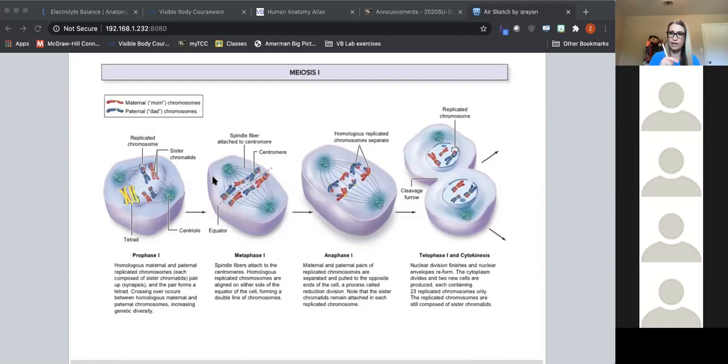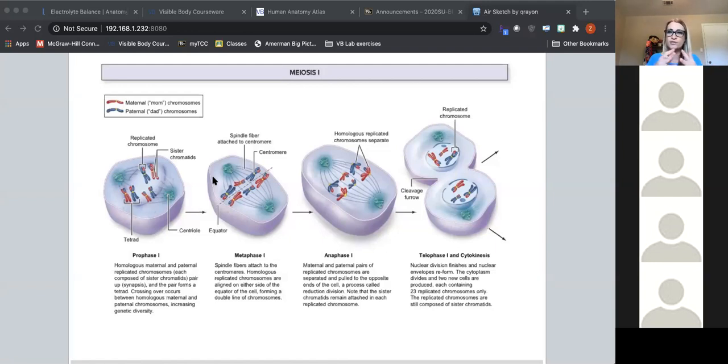So these homologous pairs come together and form this tetrad, and this only happens in meiosis 1. You don't see this happening in mitosis. In mitosis, tetrads don't happen. You still have that DNA there, you have that number of chromosomes, but no tetrads. Homologous chromosomes don't even care about each other in mitosis, but in meiosis they do, and they form this tetrad.